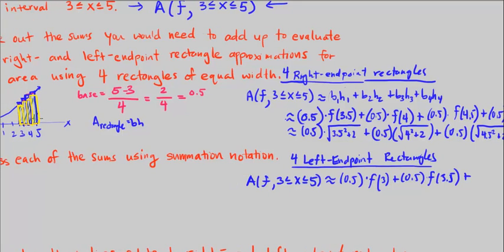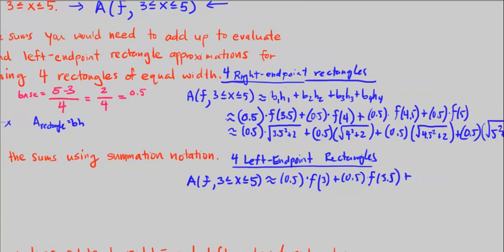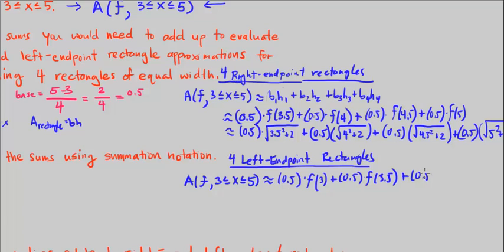The next one again has a base of 0.5, and this one now has a height, whatever the height is going to be the function at 4. And then you can add that along. So 0.5 times our function at 4.